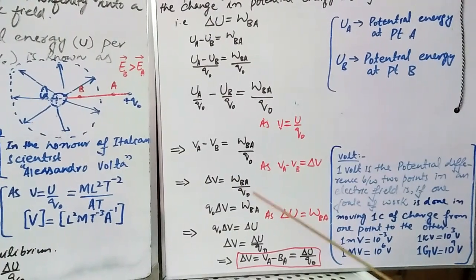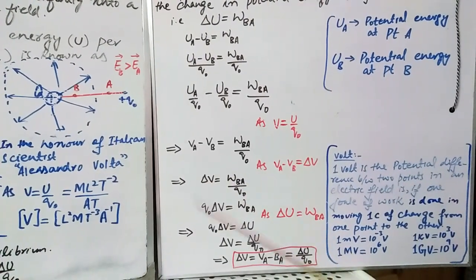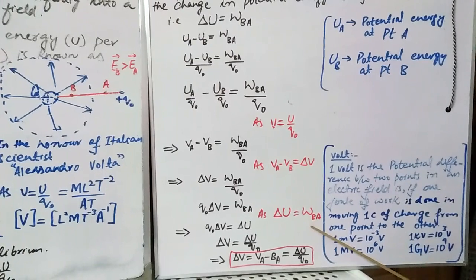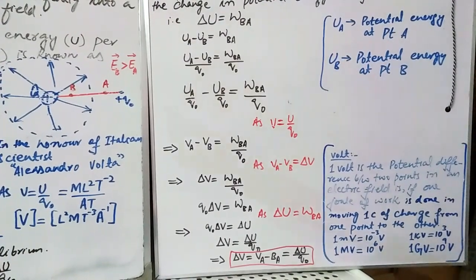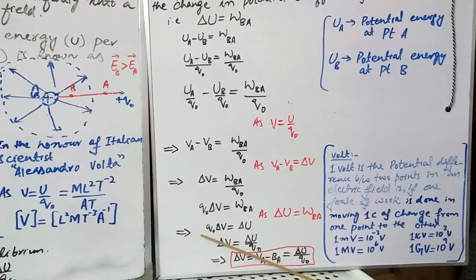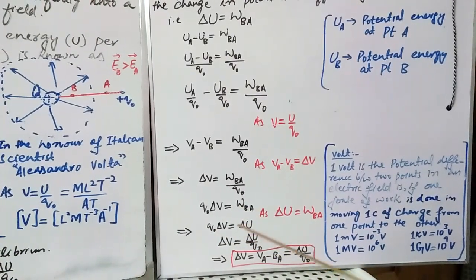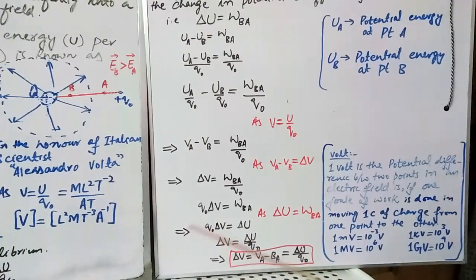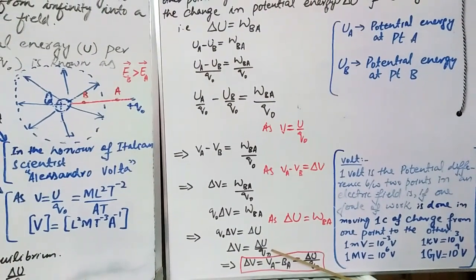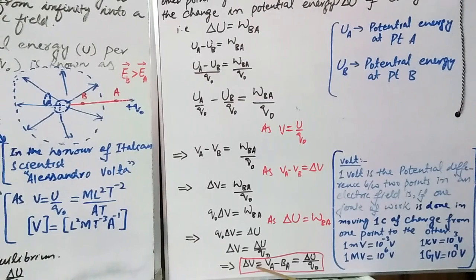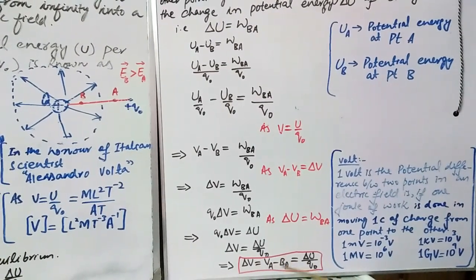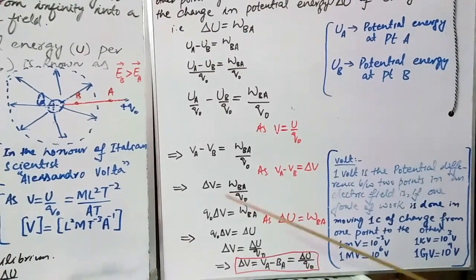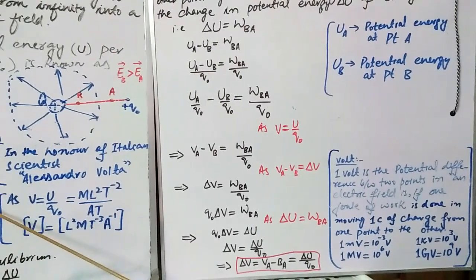By moving Q naught to the other side of the equation, Q naught delta V equals W BA, and as delta U is equal to work done, as I mentioned in the very first step, replacing W BA with delta U and shifting Q naught to the other side, finally I get delta V equals VA minus VB equals delta U over Q naught, and it is our required mathematical form of the electric potential difference.